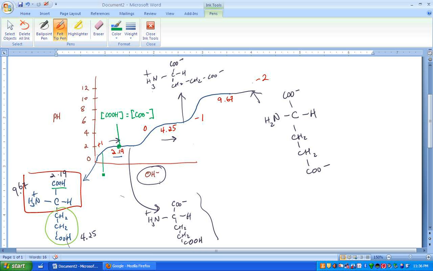Over here, you still start having COO minus because you are still influenced by this hydroxide group, but you have COOH that is greater than COO minus. And then what do you think happens here? COOH is actually less than COO minus.